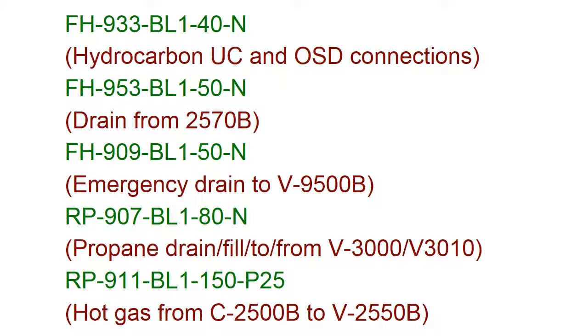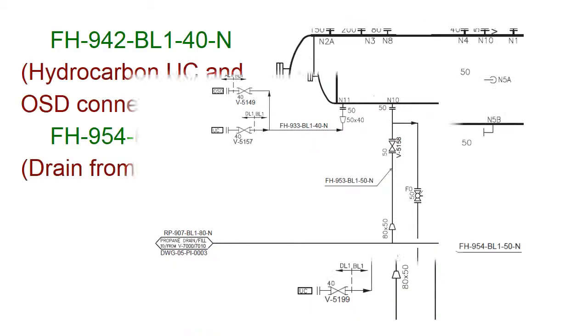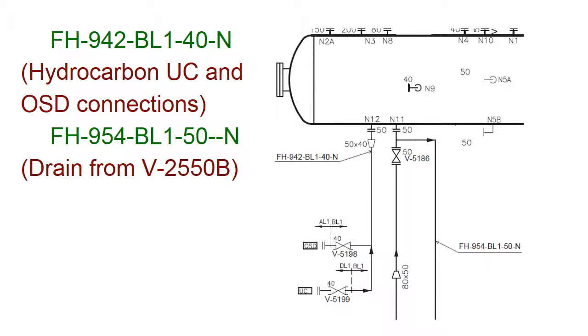RP911-BL1-150-P25, hot gas from C2500B to V2550B. FH942-BL1-40N, hydrocarbon UC and OSD connections. FH954-BL1-50N, drain from V2550B.